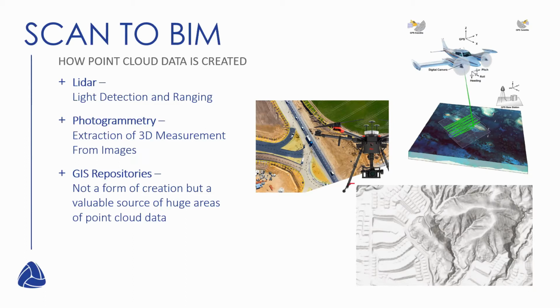I think the best example of that would be the image on the bottom right-hand side there. That is an aerial survey or an aerial scan of a development with what looks like a mountain range on the right-hand side.